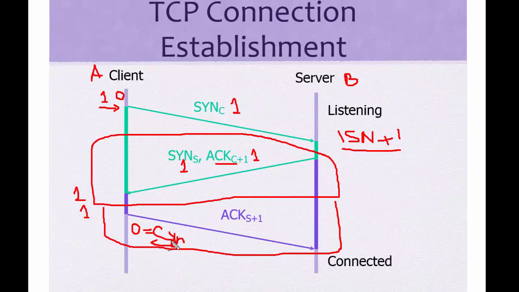The sequence number is 2001 and the acknowledgement number is 5001, the next sequence number device A expects from device B. This handshaking technique is referred to as the three-way handshake because first it sends SYN, then SYN and ACK, and the last step is ACK. So these are the 3 steps.